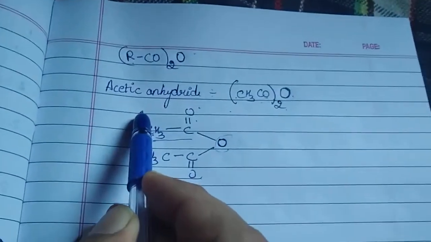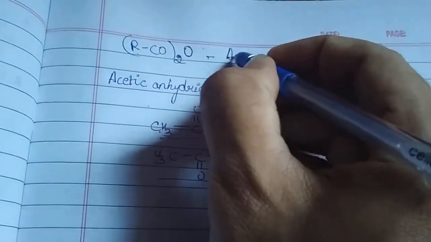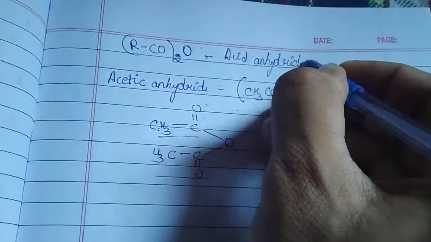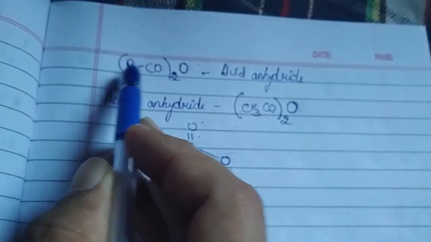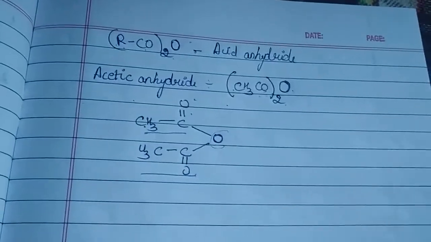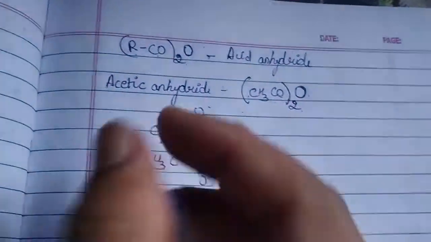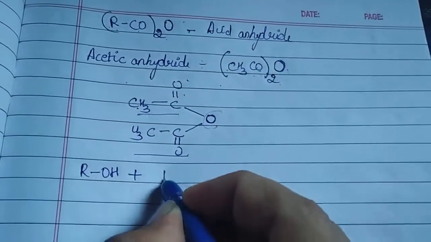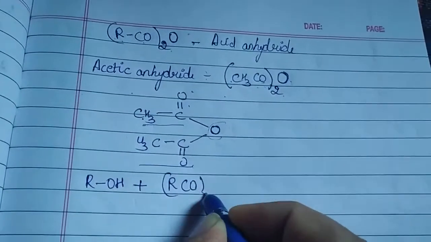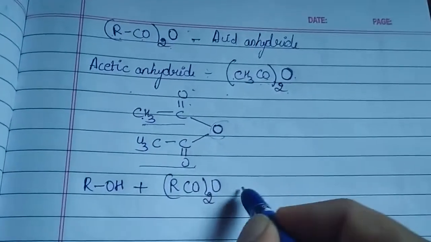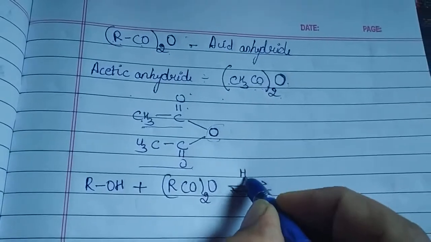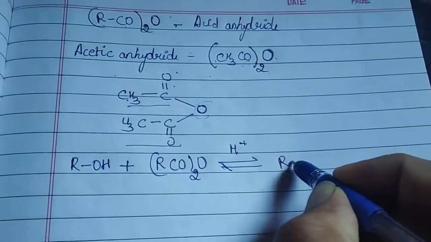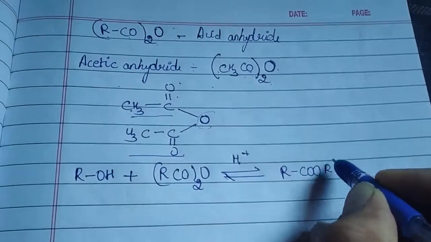General representation of acid anhydride. So this is called what? Acid anhydride, one of the derivatives of carboxylic acid. RCO twice O is called acid anhydrides. So what happens? When alcohol is treated with acid anhydride, that is RCO twice O, remember once again, in the presence of a small amount of concentrated sulfuric acid, we will be getting our esters, RCOOR dash.